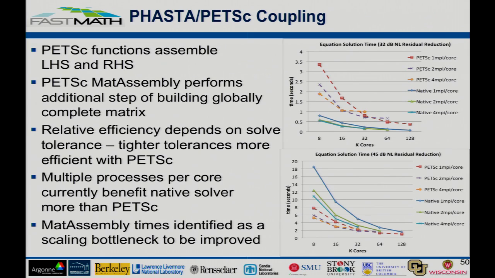The bottom line of the results is, if you run to a very high tolerance, very high accuracy on your nonlinear solves, where you want a lot of significant digits, then PETSc tends to be faster. If you slightly lower it, which Ken often uses for most of his simulations, to 4 or 5 significant figures as opposed to 8 or 9 or 10, then the current native solver is faster, but they've identified exactly where the bottlenecks are, and it's in the expected area.